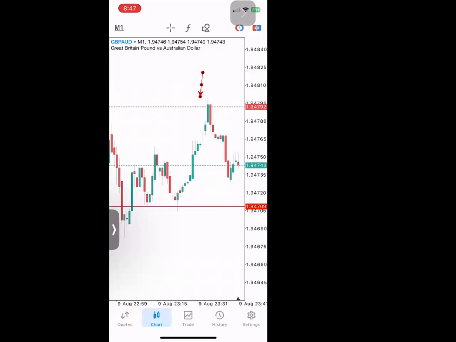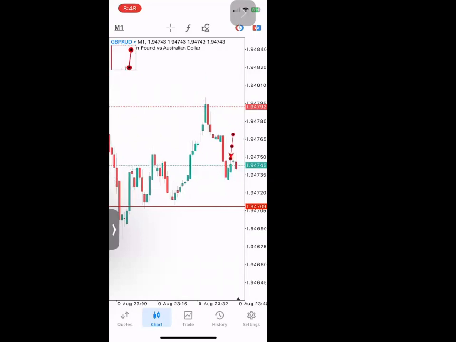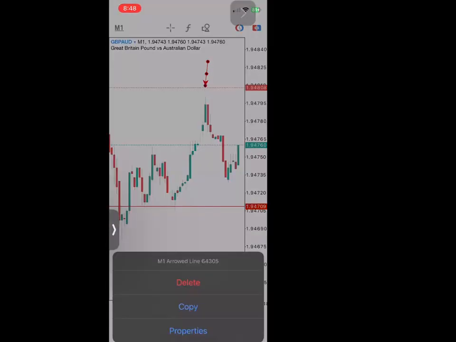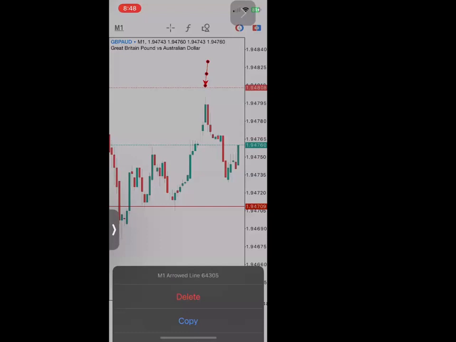So if I want to enter a buy trade, the prices are two. We have green and then we have red. If I want to enter a buy trade, let's see where it will pick. Is it going to pick the green one or the red one?